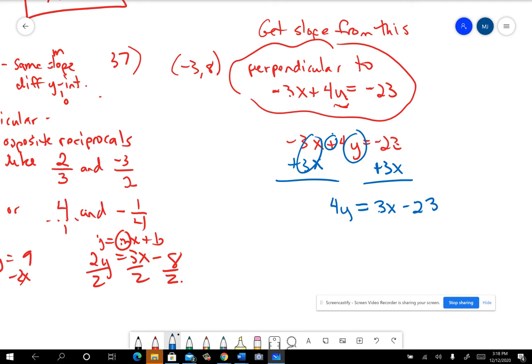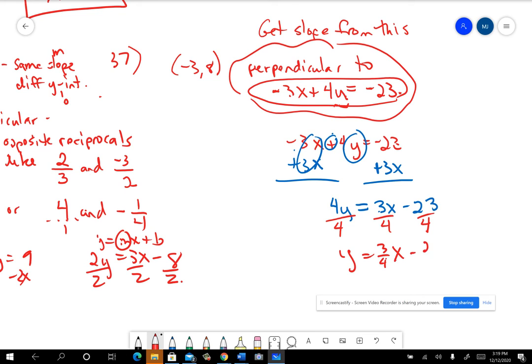The slope is not 3. The slope is not -3. We have to get all the way to where the y is by itself. So I have to divide by 4 everywhere. And so the equation they gave me winds up being equivalent to y equals 3/4 x minus 23/4. And so I know the slope of this line is 3/4.